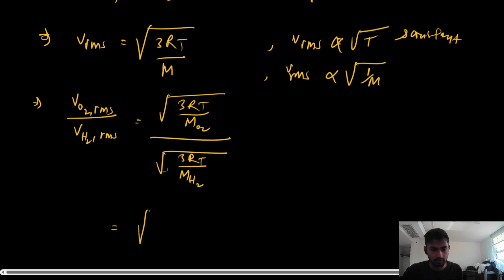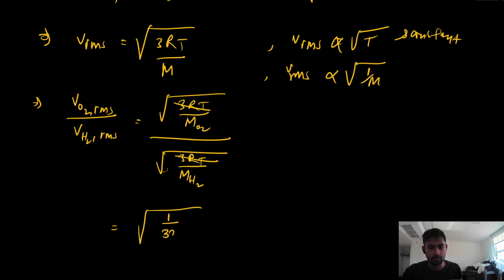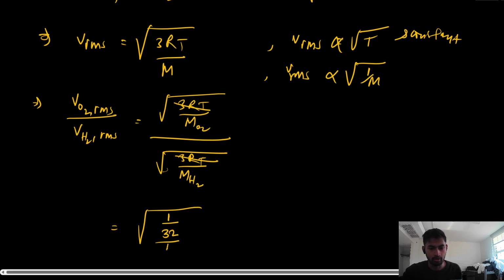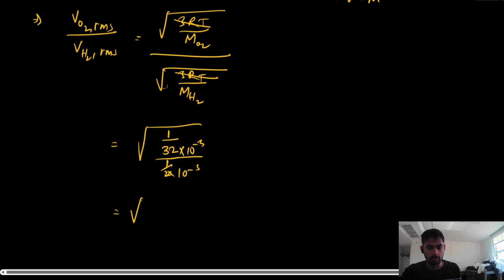So 3RT gets cancelled out, which would be 1 by 32 by 1 by 2 times 10 to the power minus 3, given it's kilograms, to 10 to the power minus 3, right? Which should be, again, 2 times 10 to the power minus 3 by 32 times 10 to the power minus 3, which is 1 by 16, right?